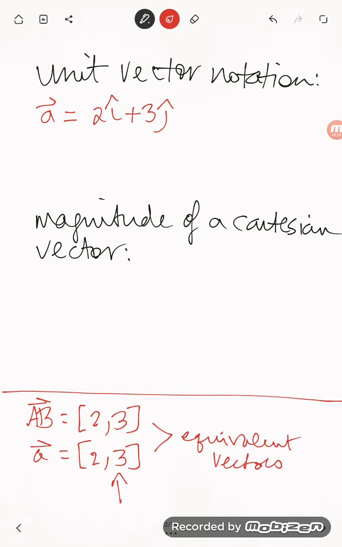The magnitude of a geometric vector we saw was just the length of the arrow that represents the geometric vector. For a Cartesian vector, let's take the vector a, [2, 3].